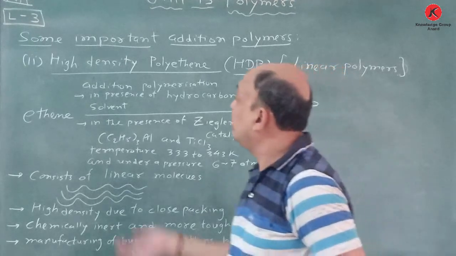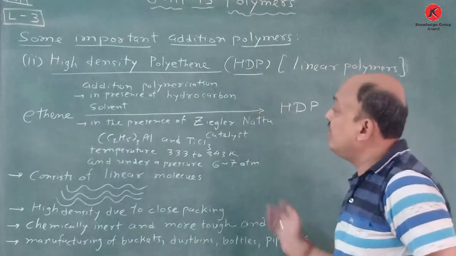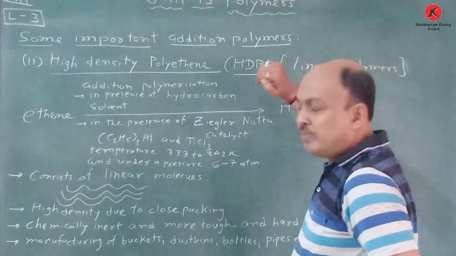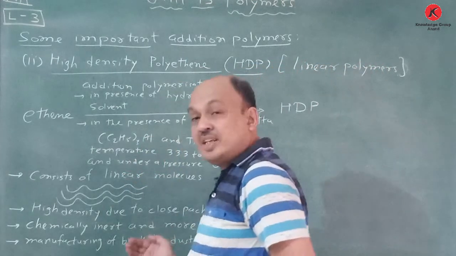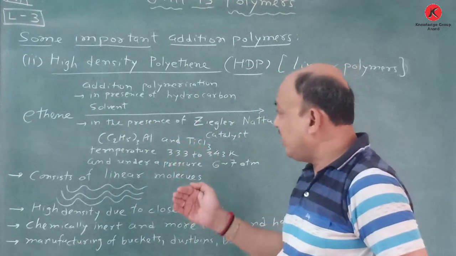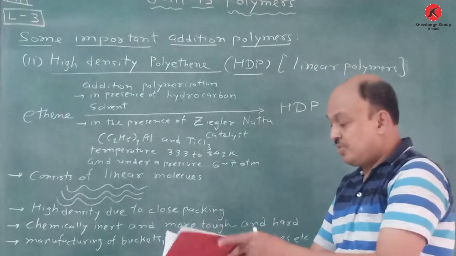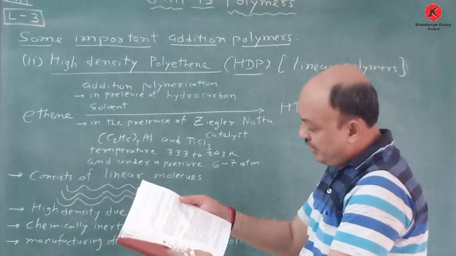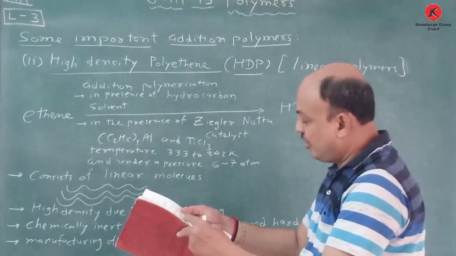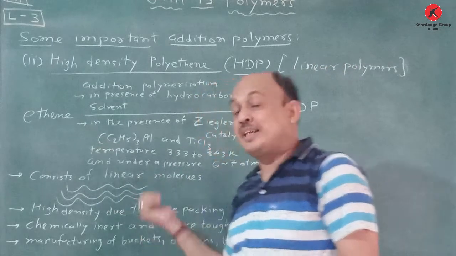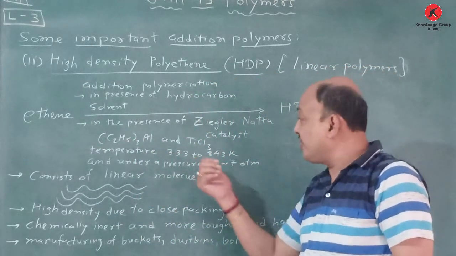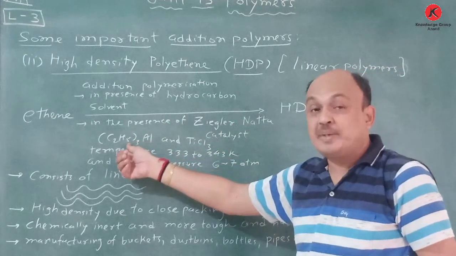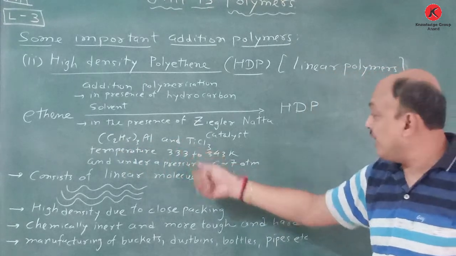But here this is an addition polymerization reaction, and in LDP, oxygen, dioxygen, or a free radical is used, just like a peroxide initiator. Remember, benzoyl peroxide. So here peroxide is an initiator, but here in the presence of Ziegler-Natta catalyst, which is nothing but triethyl aluminium and titanium trichloride.